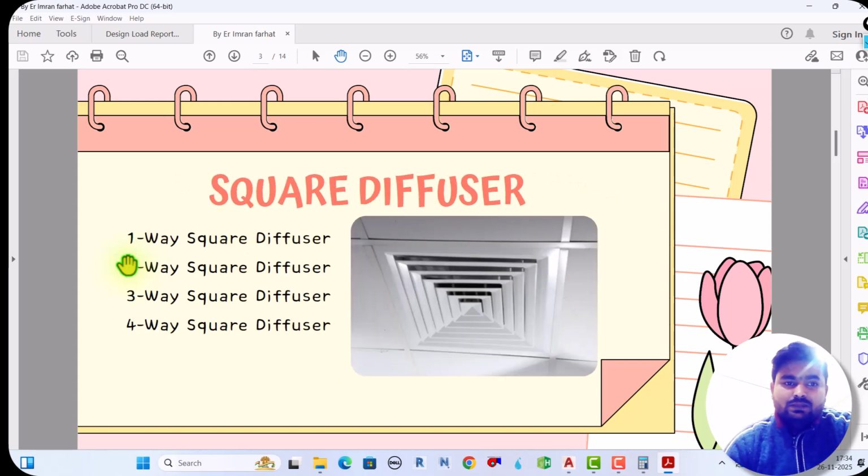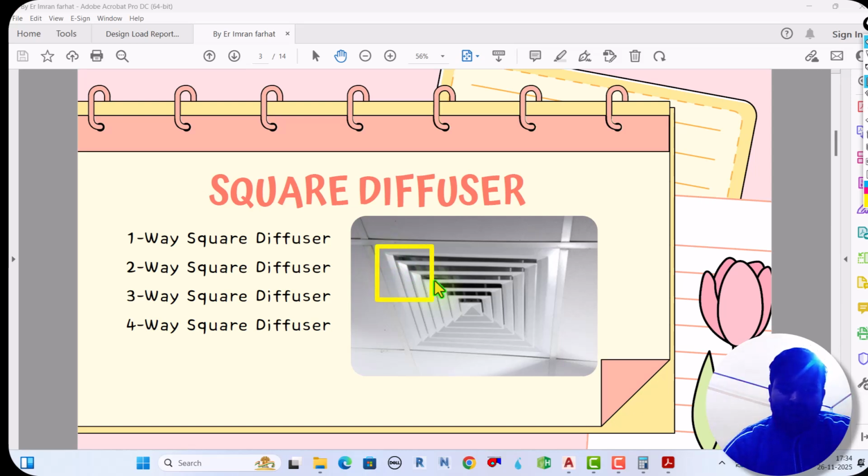So if the ceiling is tile type, 600 mm by 600 mm, simply I have to select this square air terminal. And see, this total is the face, and this total is the neck.